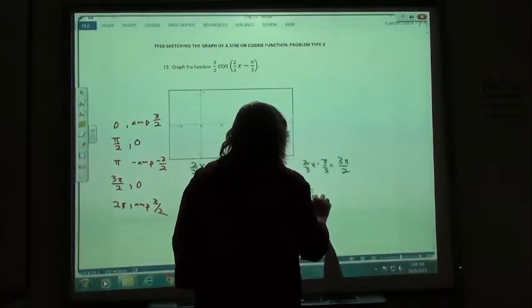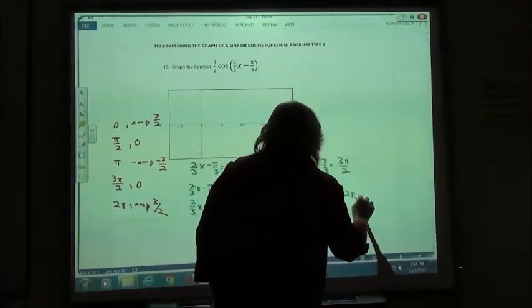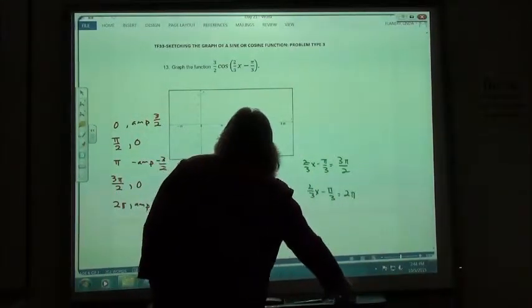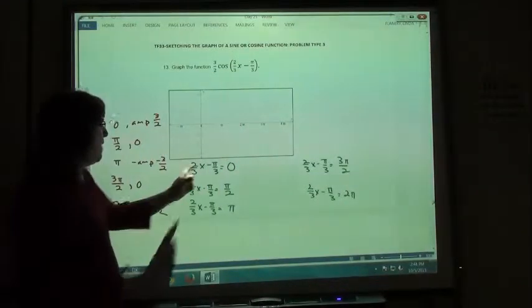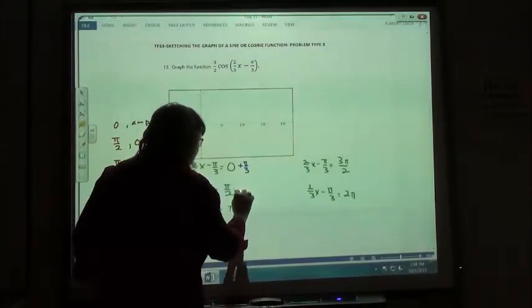And 2/3 x minus pi over 3 equals 2 pi. So I'm going to solve each one of these. First thing I'm going to do is add my pi over 3.